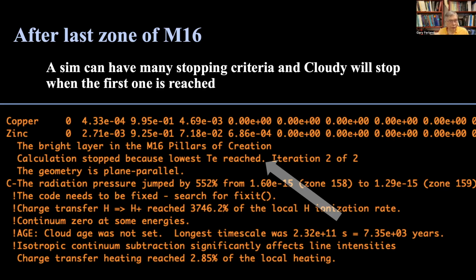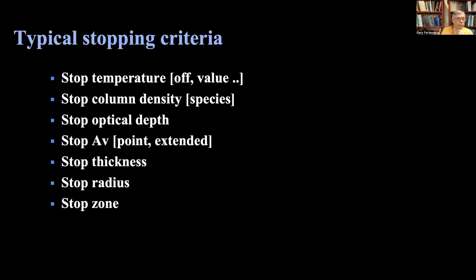And then the line after that, with this arrow pointing, is the reason why it stopped. So you should make sure this is a valid reason. The calculation stopped because the lowest temperature, the default lowest temperature was reached. So that's 4,000 Kelvin. So understand what happened, make sure it's an intended reason. If it stops for a convergence problem, you might want to contact us or think again about the model.